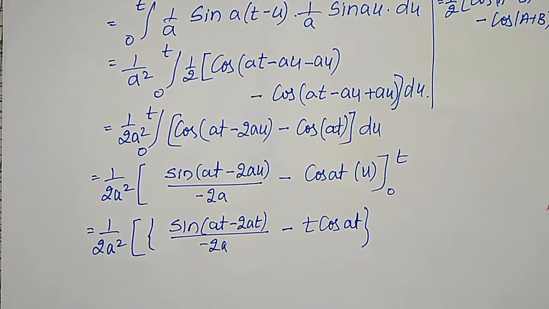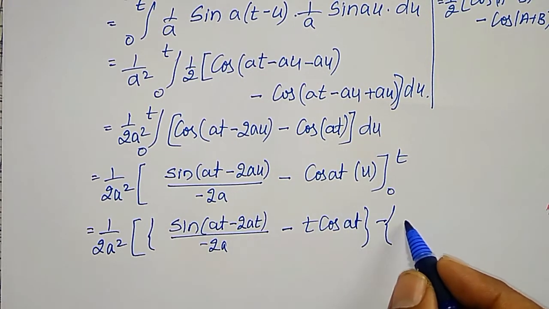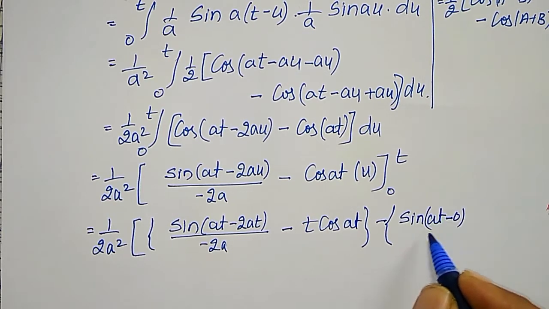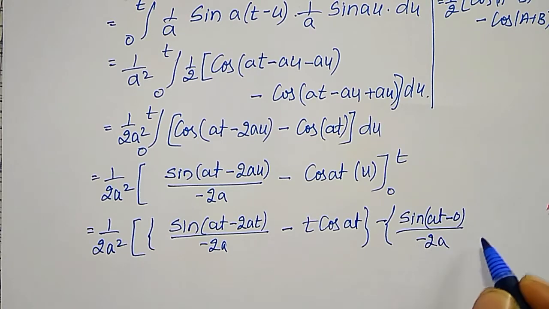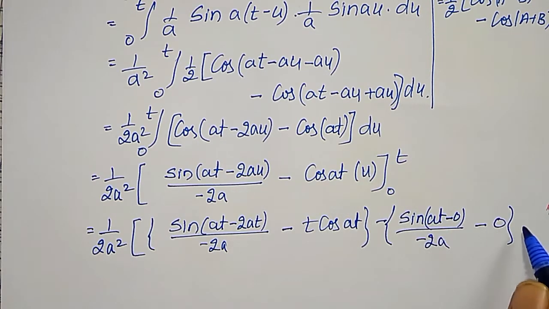This is my upper limit minus lower limit, u equal to 0 now. That is sin(at minus 0) whole divided by minus 2a minus u equal to 0. So it will become 0.